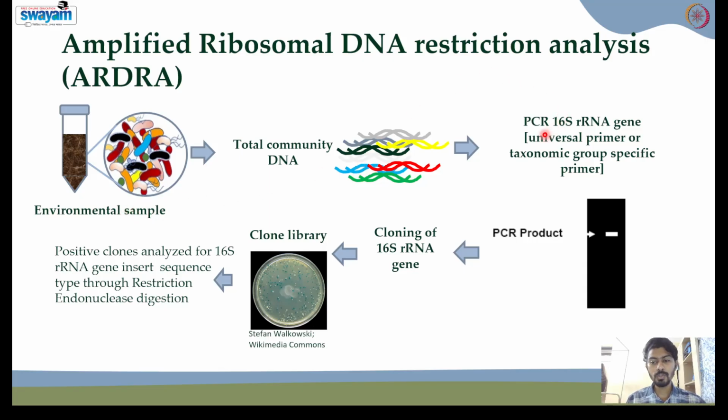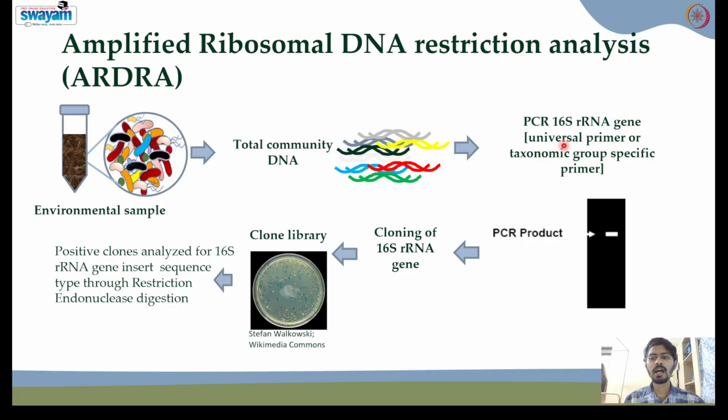Then you use polymerase chain reaction to amplify the 16S rRNA gene, which is a taxonomic marker, regarded as a universal primer target or taxonomic group-specific marker. So it acts like a unique ID for every microorganism.